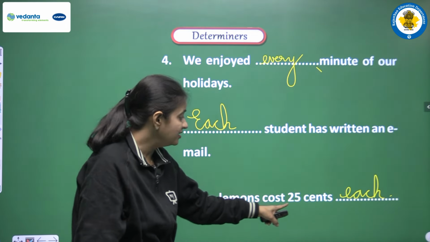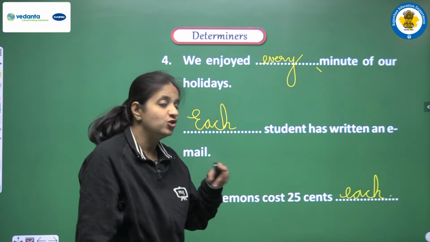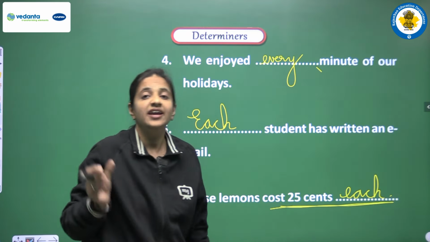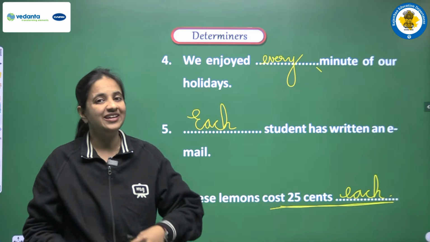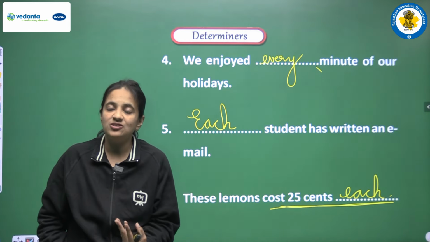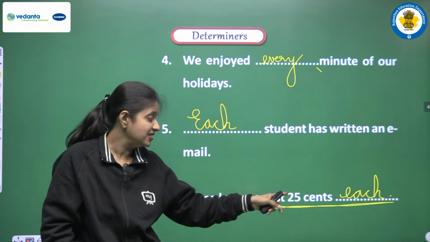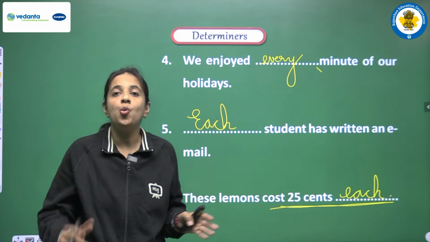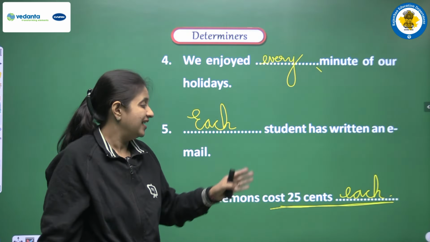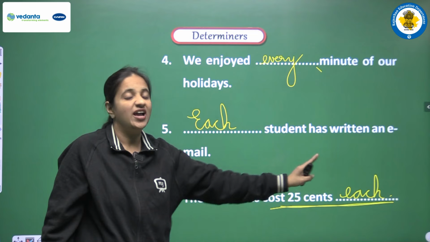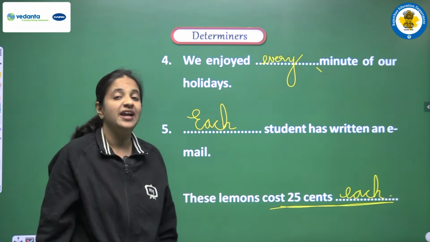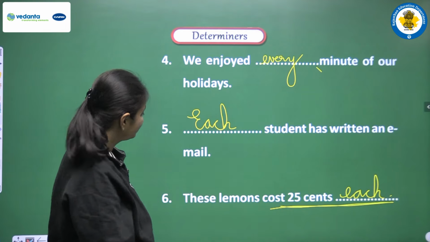So we are saying that each lemon की जो price थी वो क्या थी, 25 cents each, यानी कि एक lemon की price हम बता रहे हैं, that suppose we are having 10 lemons, तो उसमें से एक lemon की price क्या है, 25 cents, right? So again we are talking about one individual lemon, and this is the reason we are writing each, and the sentence will be: these lemons cost 25 cents each.